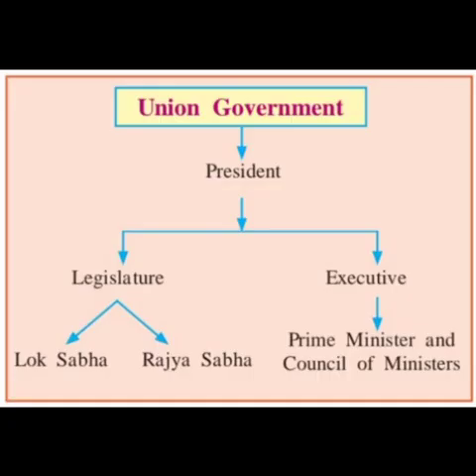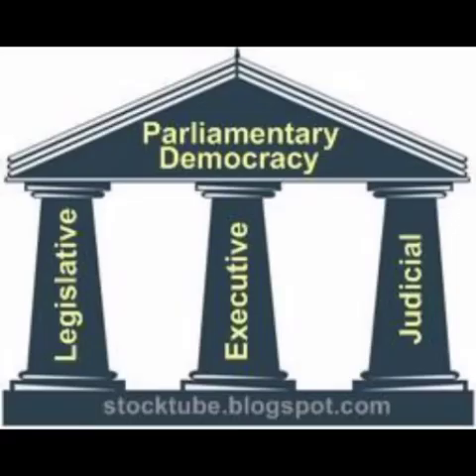Students, in the last chapter, we learned about the Union Legislature, which included the structure and functioning of the Parliament. In this chapter, we are going to study the Union Executive. The Union government is mainly composed of the legislature, executive, and judiciary.